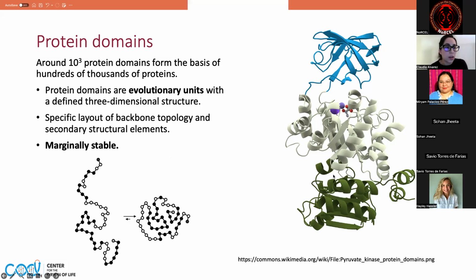These structures are marginally stable, which means that when we put some types of stress on the protein, it will unfold. This can be changes in temperature, pH, or concentration. So these structures are not always very stable.